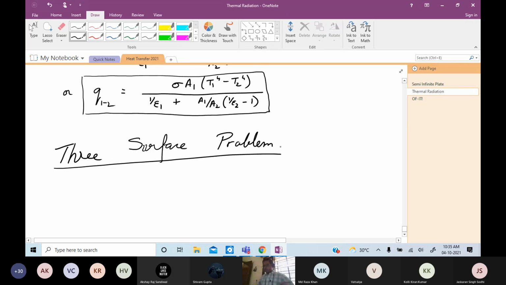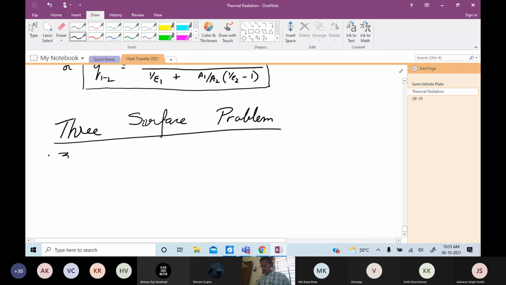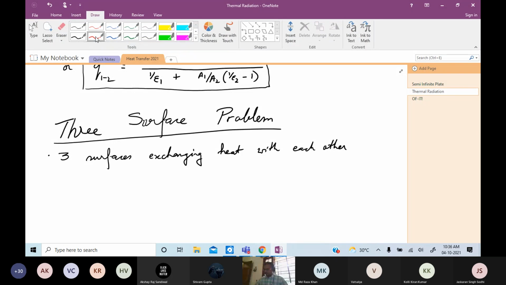So 3 surfaces exchanging heat with each other. Random surfaces. 1, 2, 3.